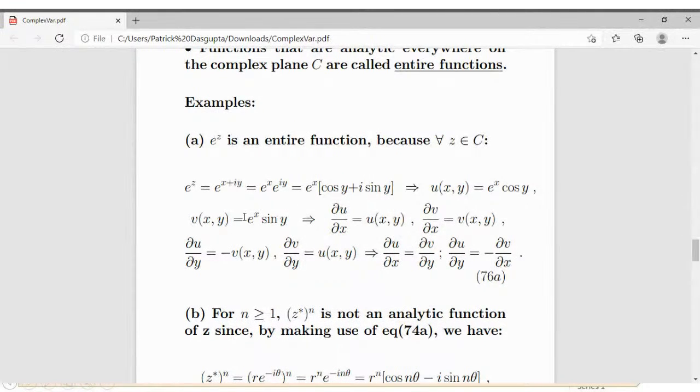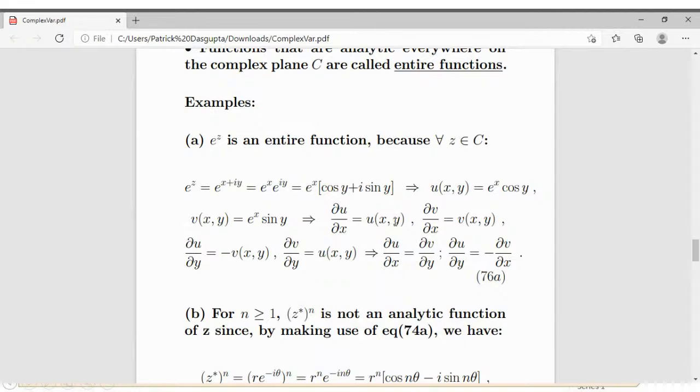V being e raised to power x into sine y, del v by del x is similarly v itself. Why? Because again sine y doesn't depend upon x. So partial derivative of v with respect to x is sine y into partial derivative of e raised to power x, which is e raised to power x, and therefore del v by del x is equal to v itself.